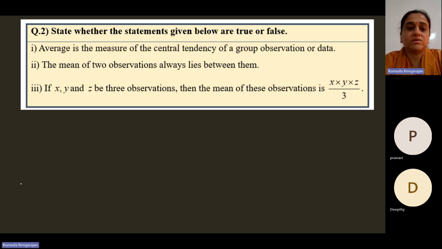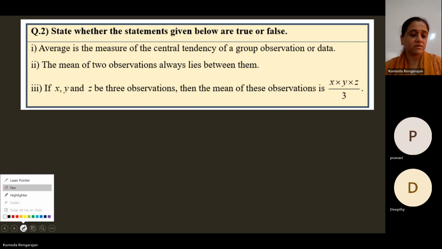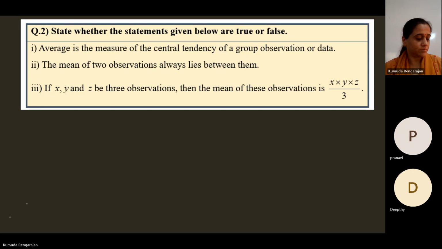State whether the statements given below are true or false. Average is the measure of the central tendency of a group of observations or data. True. Average, that is mean, median, mode.